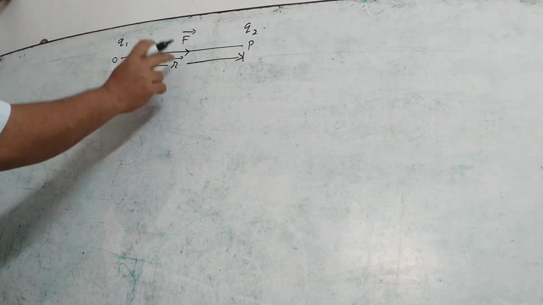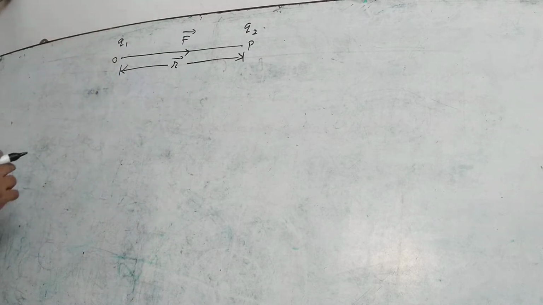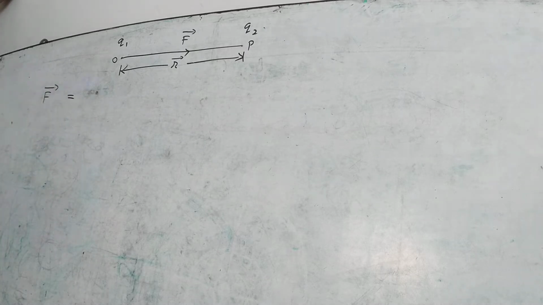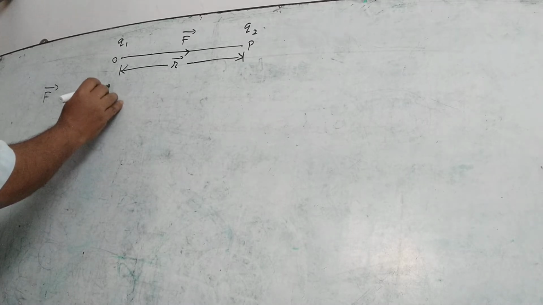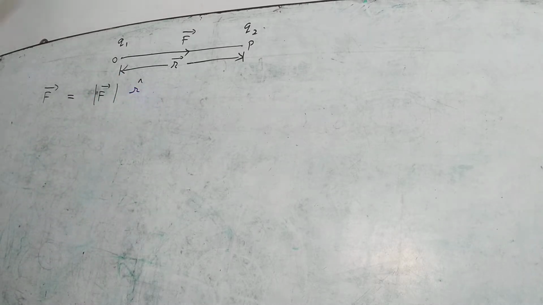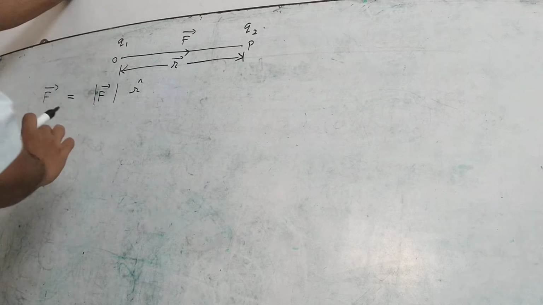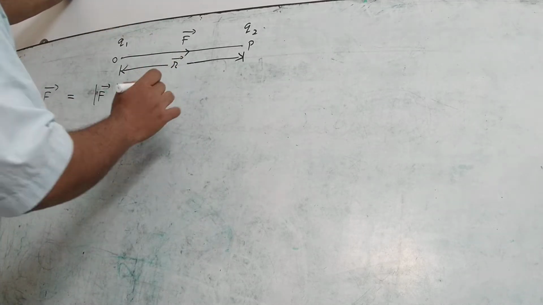That means F vector and R vector are in the same direction. Then we can write F vector is equal to magnitude of F vector into R cap, because the unit vector of F and the unit vector of R are the same.